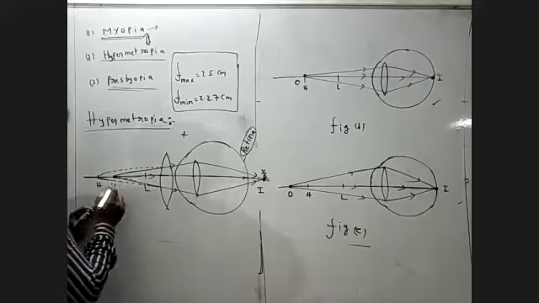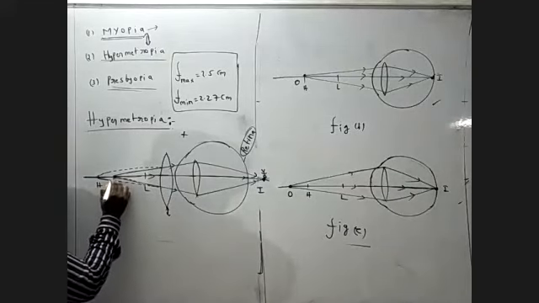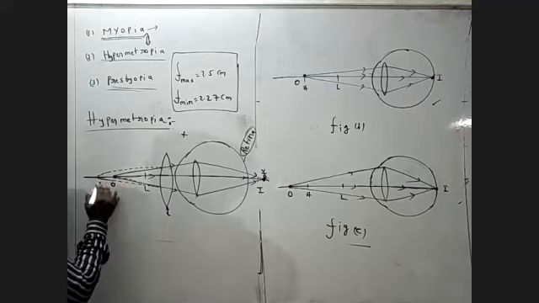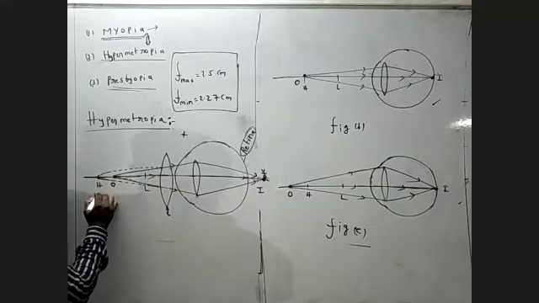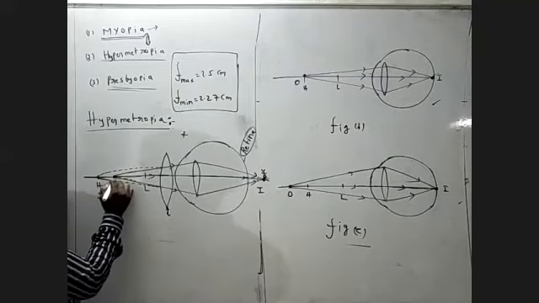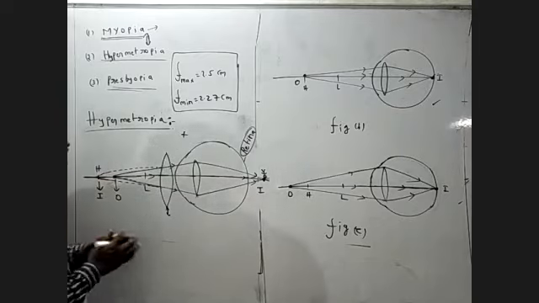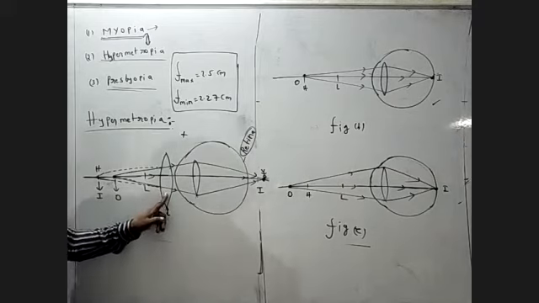So this is a lens. Where is the object? This is the object. Where is the image for this one? The image is here. This is the object, and this is the image.